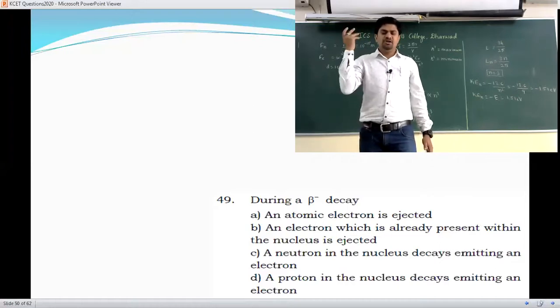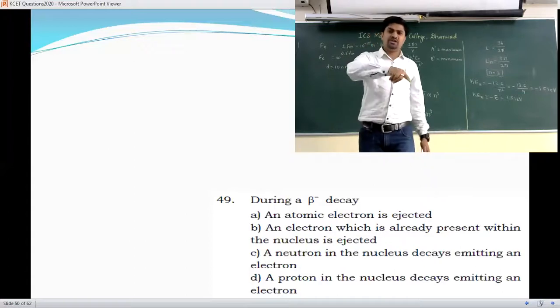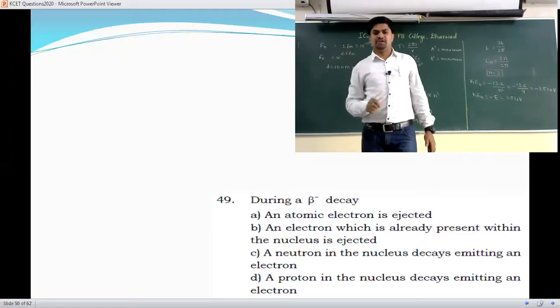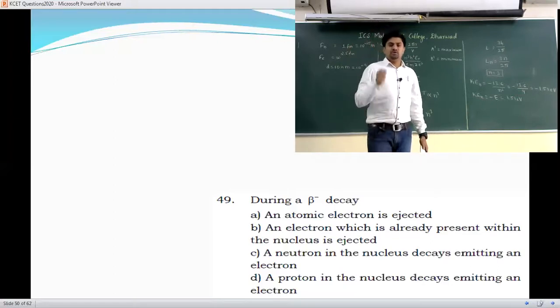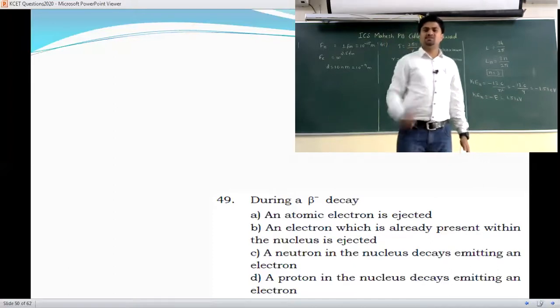The ejection of an antineutrino is called negative beta decay, and the ejection of a neutrino is called positive beta decay. So when the neutron loses these particles, that is called beta decay.